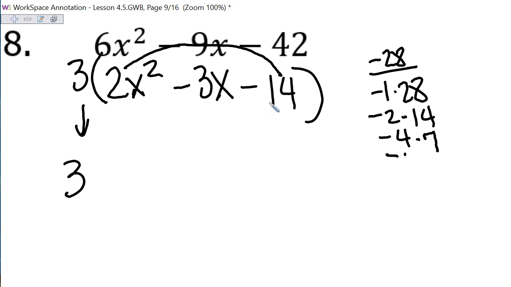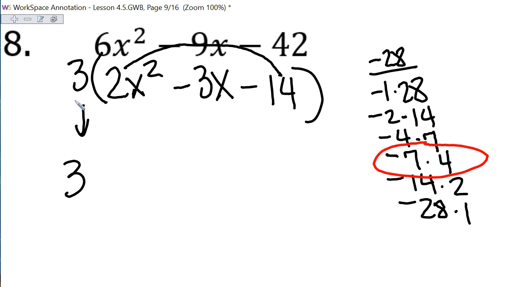Flip them around. Negative 7 times 4. Negative 14 times 2. Negative 28 times 1. What do we want to add up to? Negative 3. So which pair adds to negative 3? Negative 7 and 4.